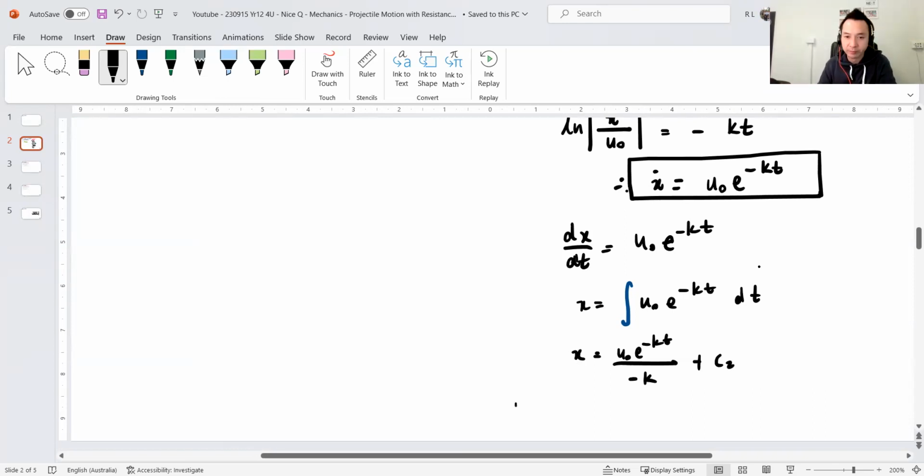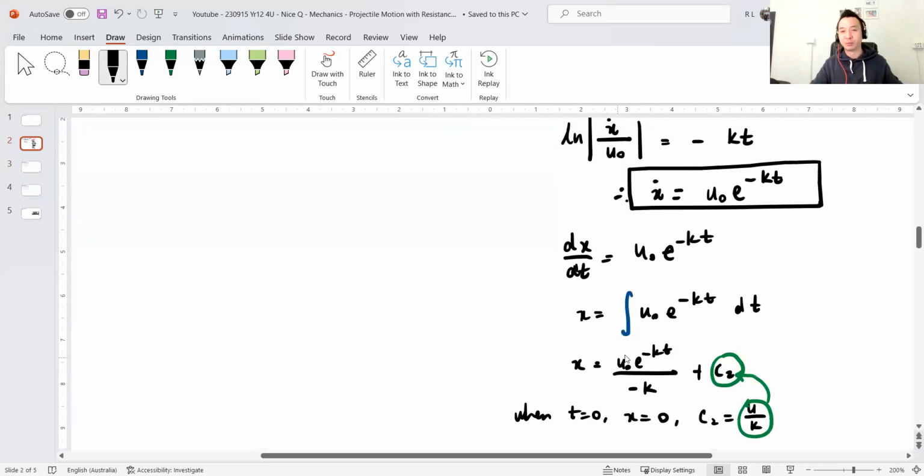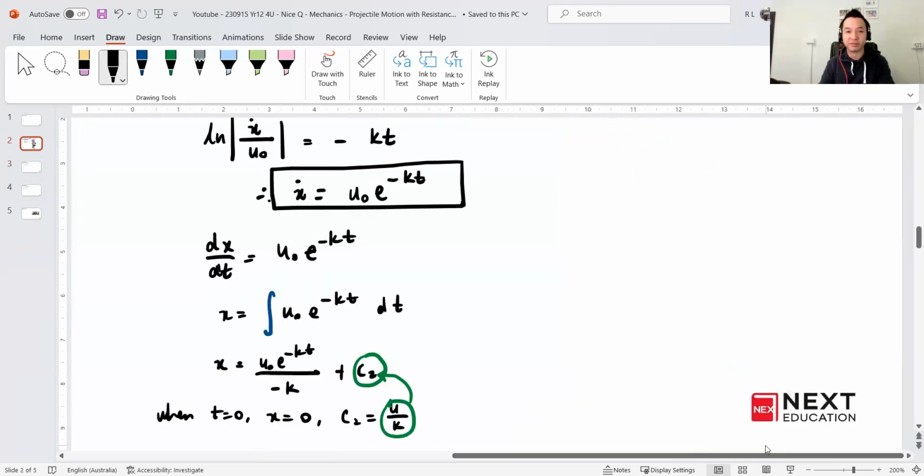Yeah. So when t equals 0, x equals 0. Now what do I have? That's 0. This guy is 1, so it becomes negative u0 on k, so c2 equals positive u0 on k, right? Because you throw it over the other side, and then we once again sub that into here. I need one more line. Maybe I'll just go therefore x equals.